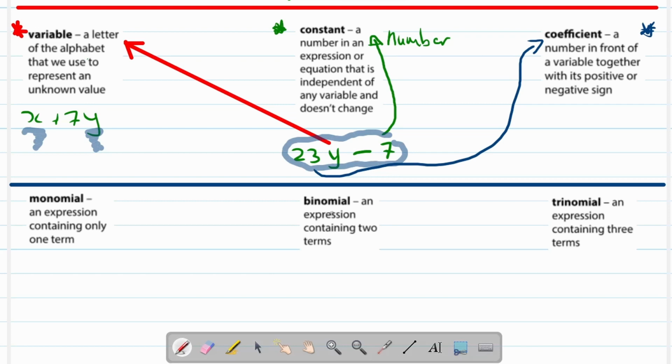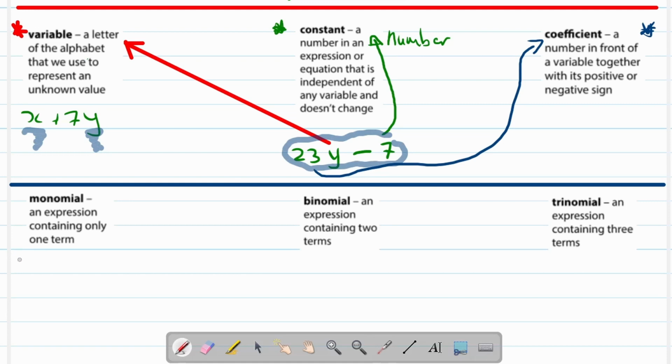Binomial, think of bicycle. How many wheels does a bicycle have? 2. A binomial is an expression containing 2 terms. Trinomial, think of a tricycle or tripod. How many legs does a tripod have? 3. So a trinomial is an expression containing 3 terms.